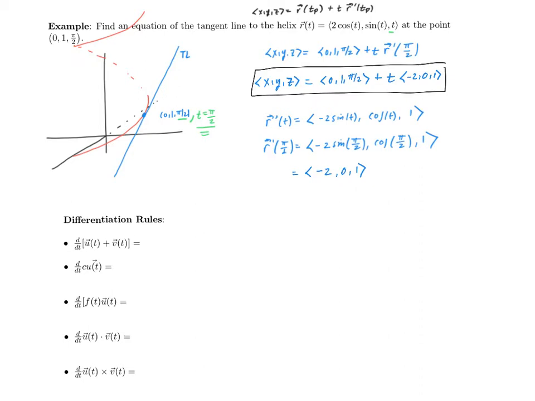Now that we've worked through several examples of finding equations of tangent lines, let me note that many of our differentiation rules from the past can be extended to calculus 3 and vector valued functions with just a few minor modifications at certain points. The first two differentiation formulas are very familiar and they extend directly. If you want to differentiate a sum of vector valued functions, we can do that no problem.